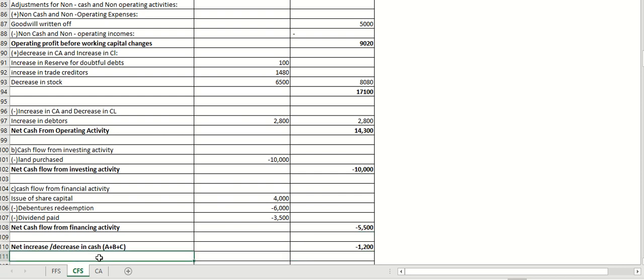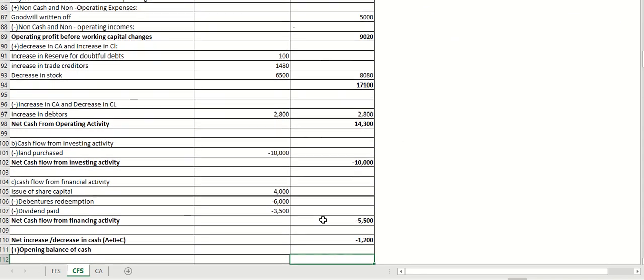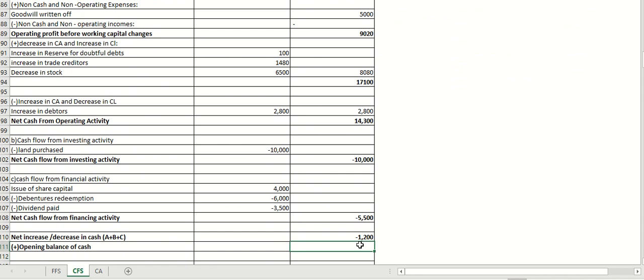So now what we will do, we will add the opening balance of cash. So if you see the opening balance of cash in your question, they have given us 9,000 and closing balance is 7,800. So the opening balance of cash is 9,000. So now we have to get the cash equivalent to closing balance of cash.